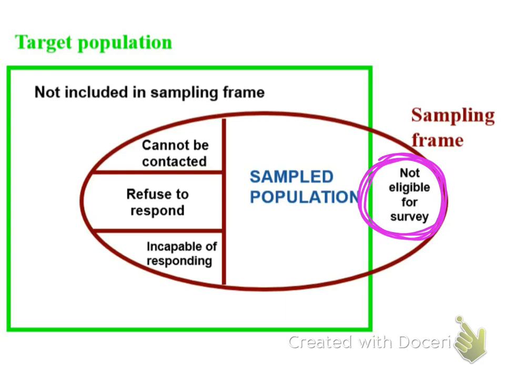They wouldn't be regular customers of the cafeteria. So while I can get an address for them, I've got information on how to contact them, they aren't people I actually want to contact. So that would be, for example, the parents. They aren't part of my target population, but I've got a list of their names and contact details through the school system.